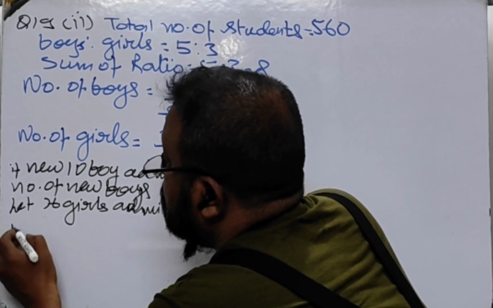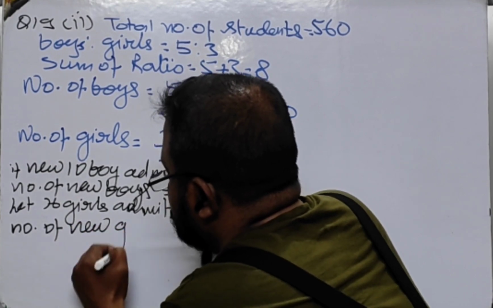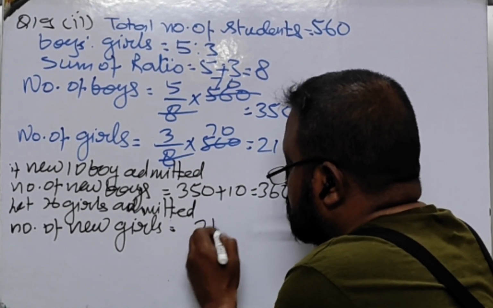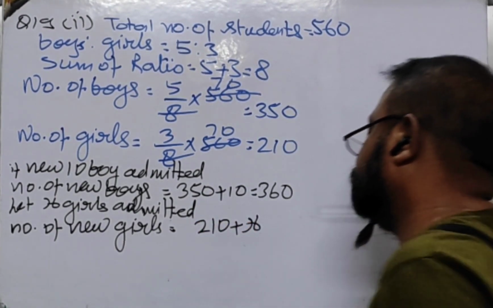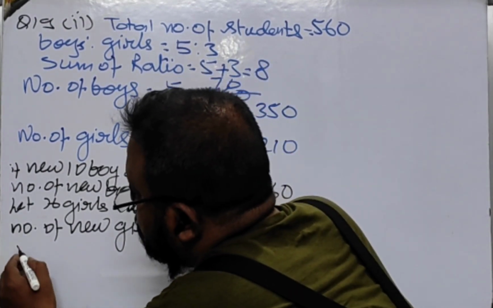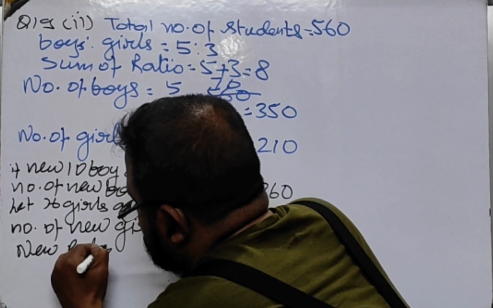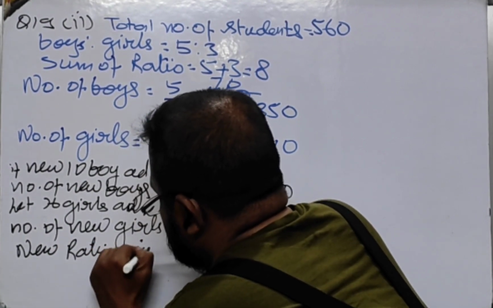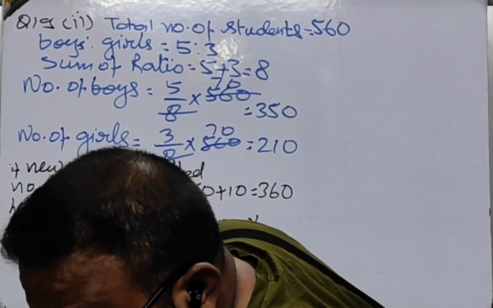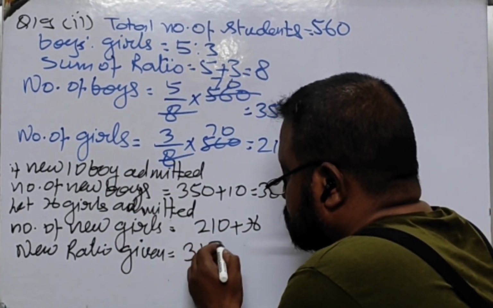So the number of new girls is equal to 210 plus X, right? And the new ratio given is equal to how much? 3 ratio 2.